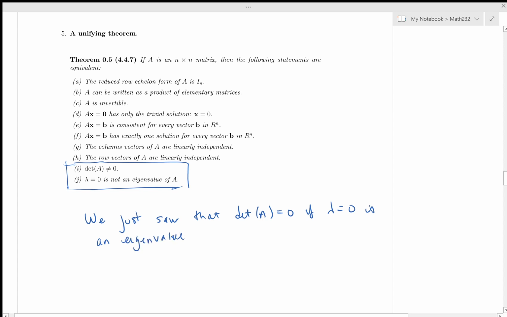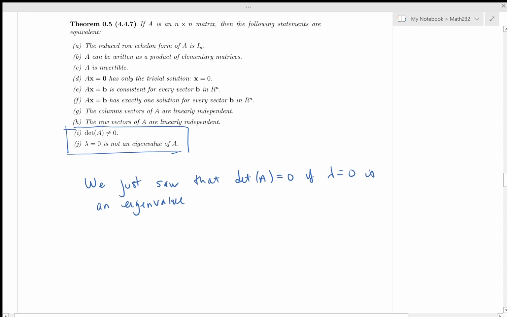Okay, so those two statements I've boxed, this is just the negation of that. So therefore, det A not equal to 0 implies lambda equals 0 is not an eigenvalue. And our unifying theorem grows in length by 1.